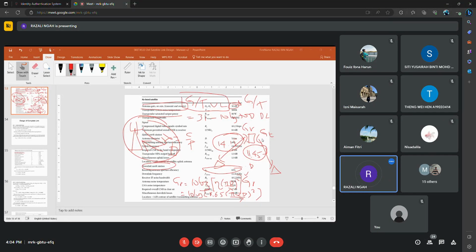So we have a constraint on the satellite to have a higher gain and high transmitting power. That is a constraint due to PT and GT on the satellite. So that's why we need to use lower frequency for the downlink.